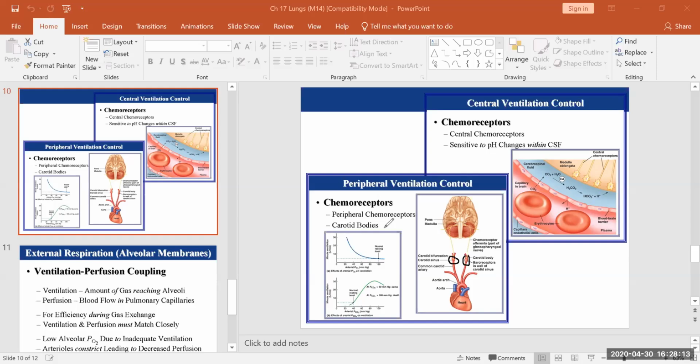And this is amazing. The body is more sensitive to CO2 than oxygen. The body basically ignores the concentration of oxygen unless oxygen drops below 80. And you can see it right here. From 80 to 100 millimeters of mercury is flat. The body ignores it. It becomes sensitive to oxygen only if the oxygen level gets below 80.